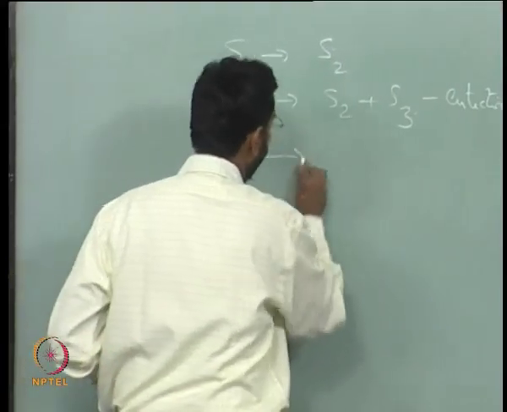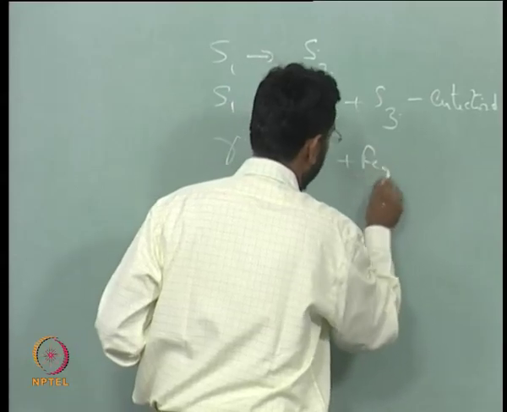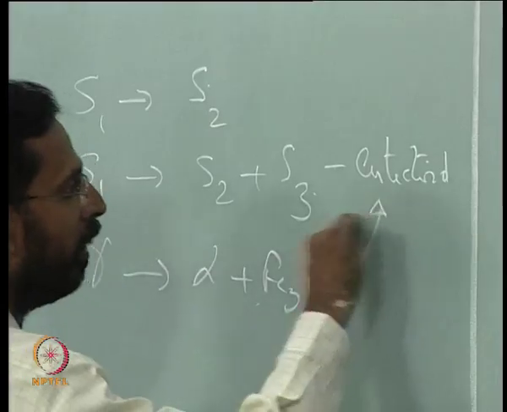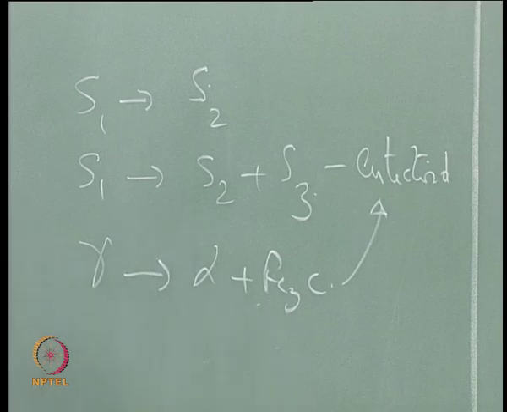What is the eutectoid reaction in the iron carbon diagram? Correct. So the austenite gives you ferrite plus cementite. This is the eutectoid in the iron cementite phase diagram. This is what we are aware of.